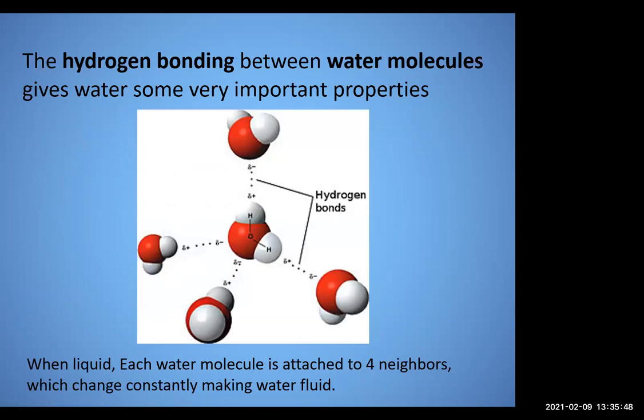But getting back to the water molecule, here we have 5 water molecules, and this is how water joins to each other. So inside the water molecule, and this will be on the test, this bond right here is polar covalent.